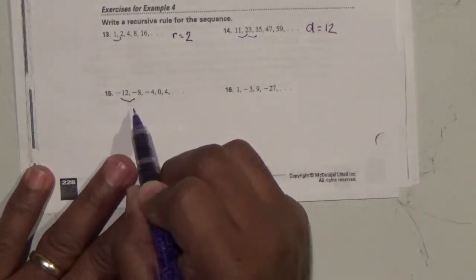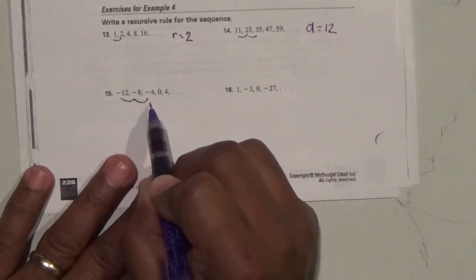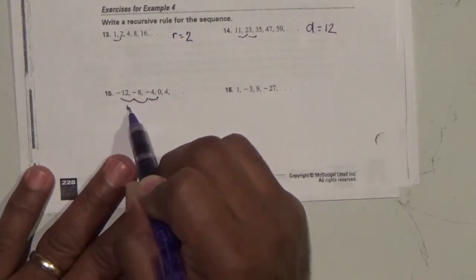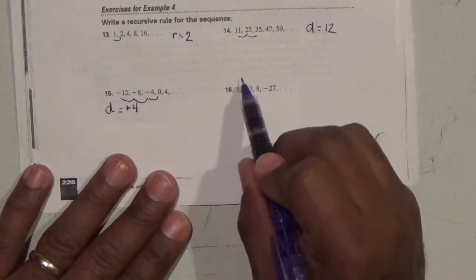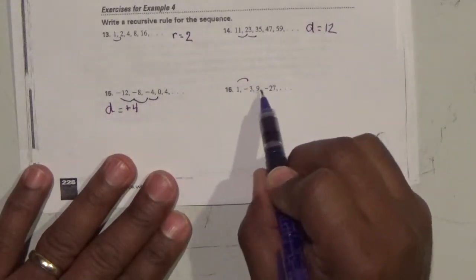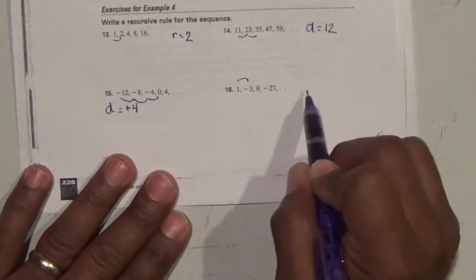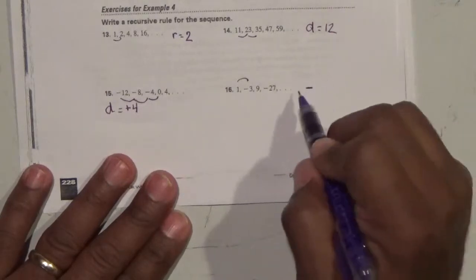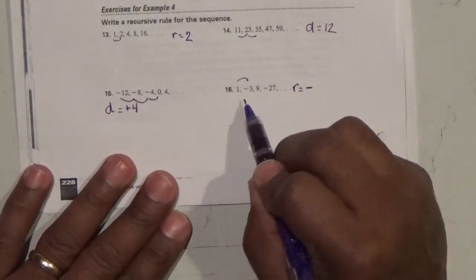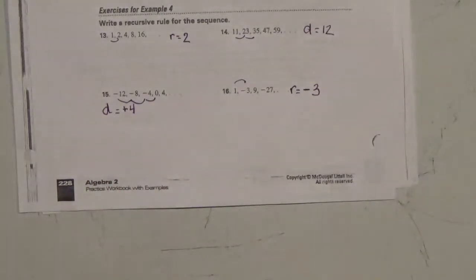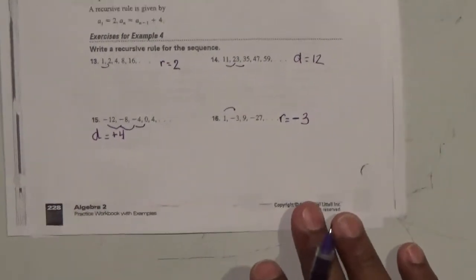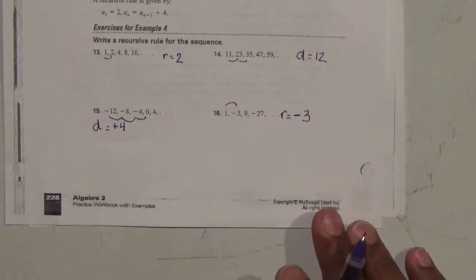Here, looks like we're adding 4, so d is equal to 4. And here, positive, negative, so we know it's negative, so r is equal to negative what looks like -3. We've gone over how to find those common difference values and the common ratio values.